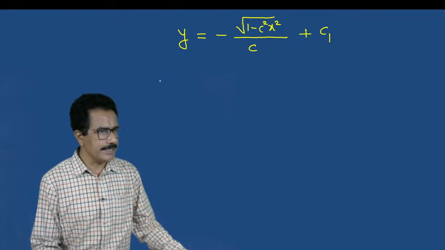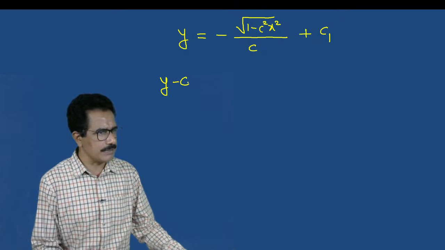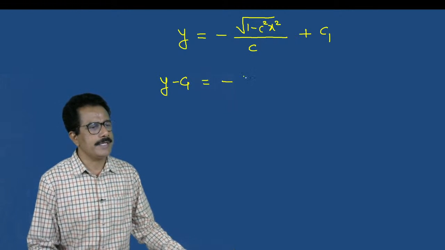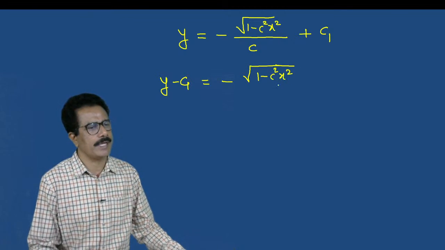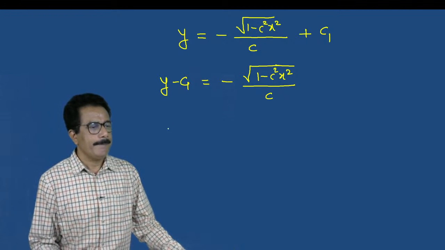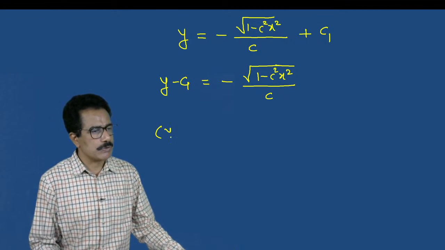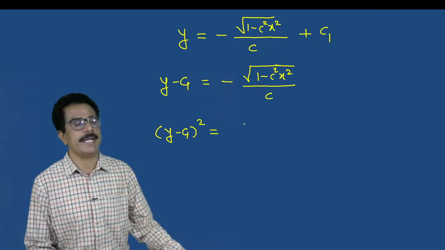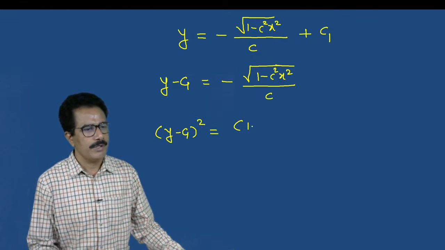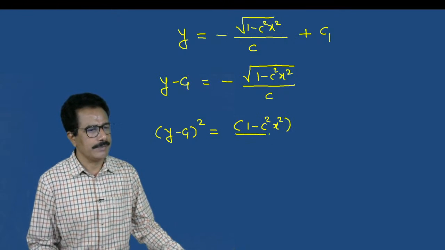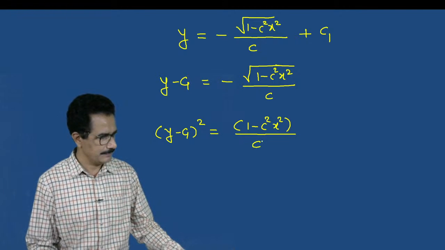We can write y minus C1 is equals to minus root of 1 minus C square x square divided by C. By squaring, y minus C1 bracket square is equals to, minus square becomes plus, 1 minus C square x square divided by C.